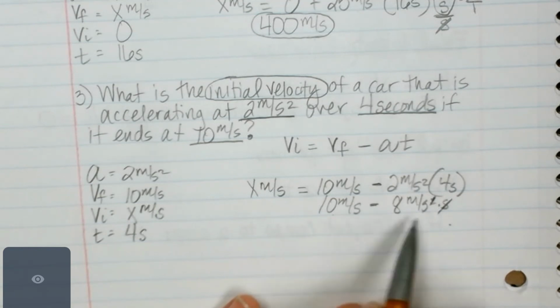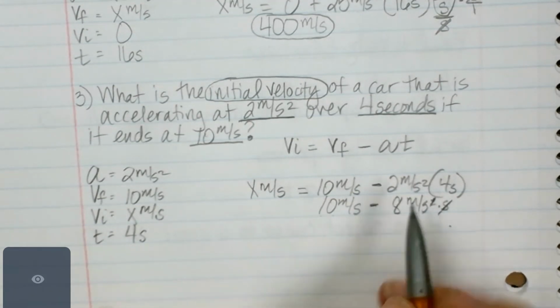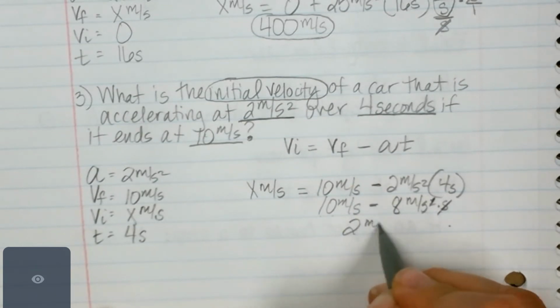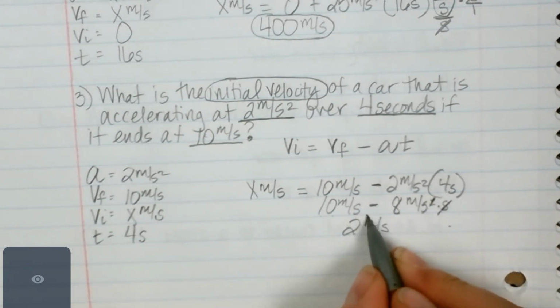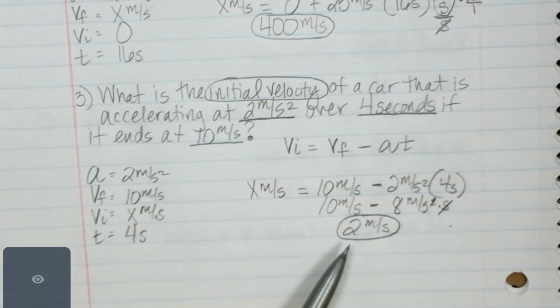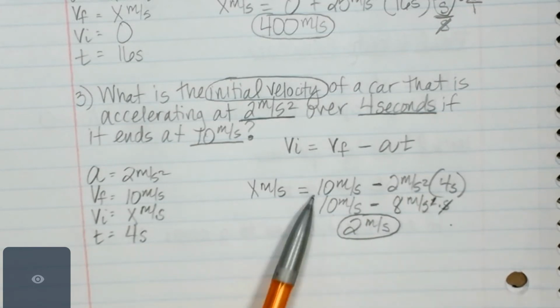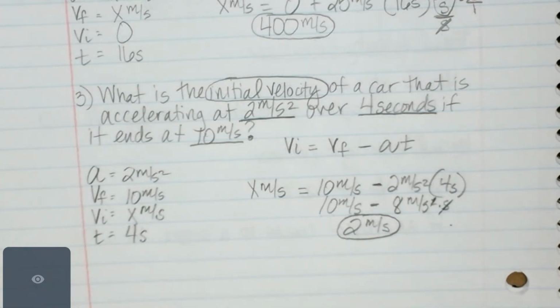So I have meters per second and meters per second now, and they can be subtracted. So 10 minus 8 is 2 meters per second. And that is the initial velocity of the car. So it was going 2 meters per second, it accelerated for 4 seconds and ended at 10 meters per second.